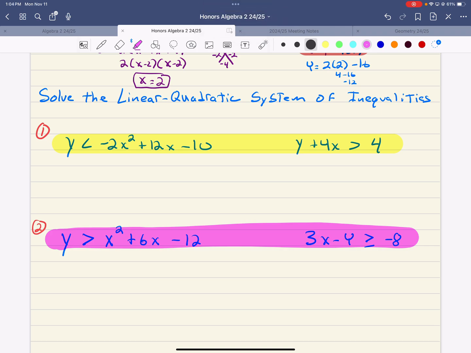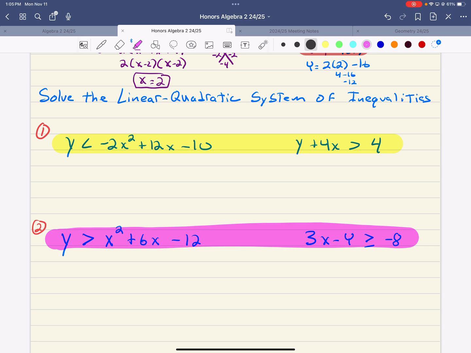Just like when we did systems of linear inequalities, we had to do all that shading stuff. And we said the solutions where it was double shaded or triple shaded or all of those things. It's the same thing here. We have to do the shading. Again, we're going to let Desmos do the shading for us. Your solutions are all going to be the area where it's double shaded.